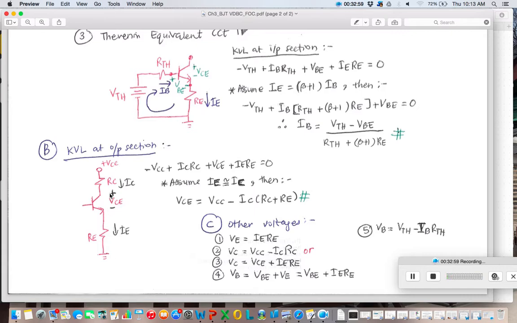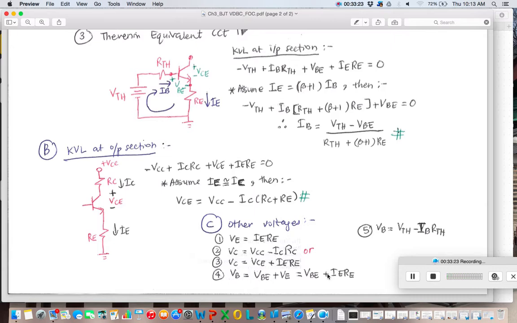Or otherwise you can use VC equals VCE plus IE RE. So you choose whichever is easy to use, depending on which information you have in your hands. Next is VB.